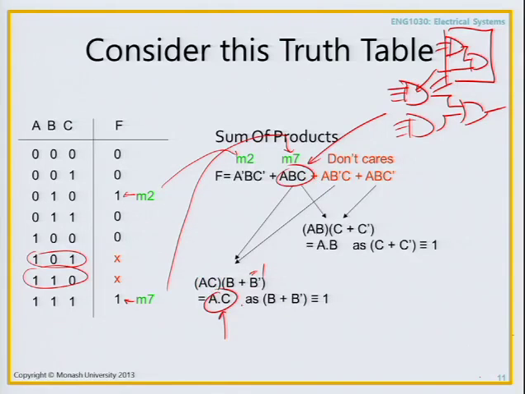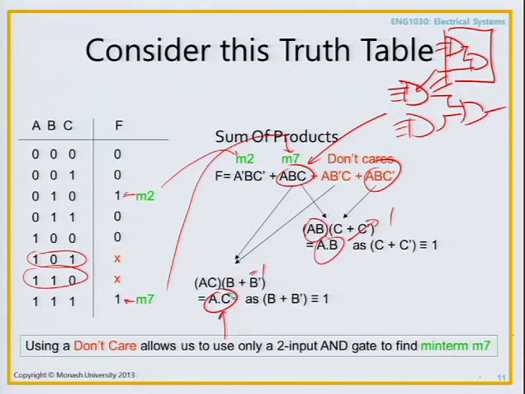Similarly, if you don't use this B plus B prime, you could use this other term here. You've got ABC plus ABC prime, which minimizes to AB, and then C plus C prime in brackets comes out to 1, leaving AB. So by using the don't cares, it has allowed us to use only a 2-input AND gate instead of the necessary 3-input AND gate for min term 7.